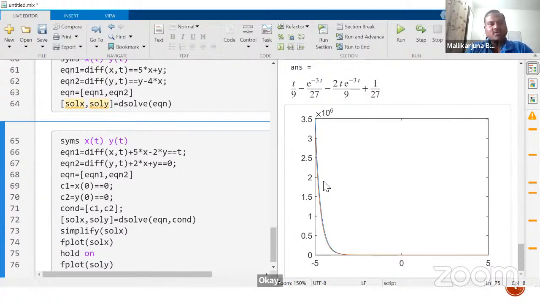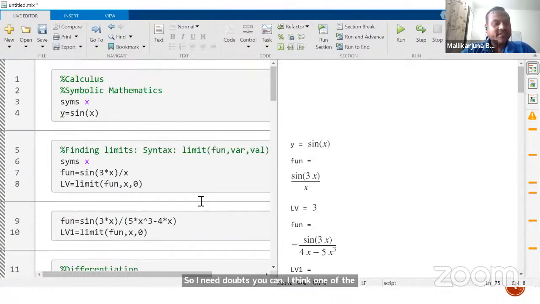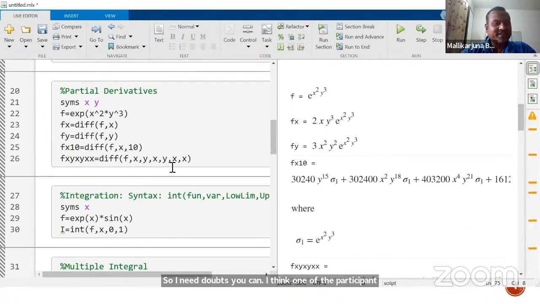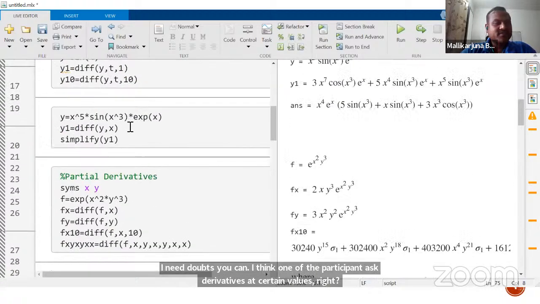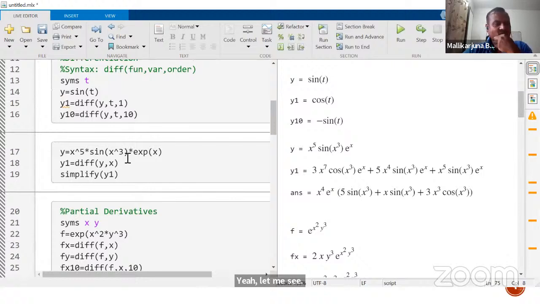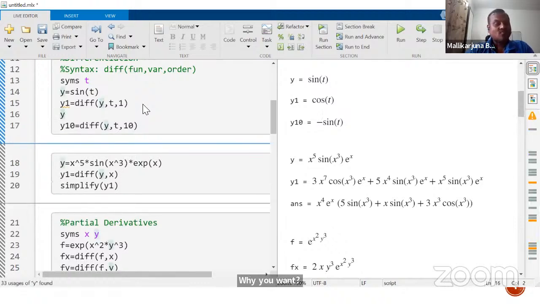So any doubts you can ask. I think one of the participants asked about derivatives at certain values, right? Let me see, y1 of 0.